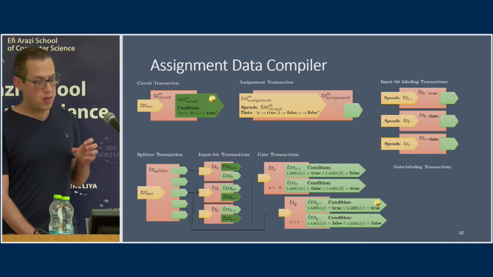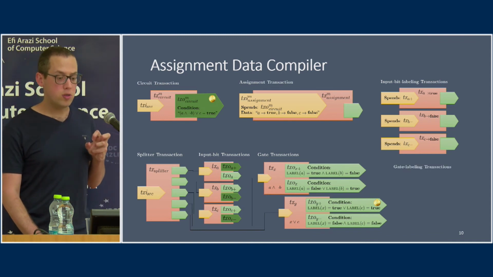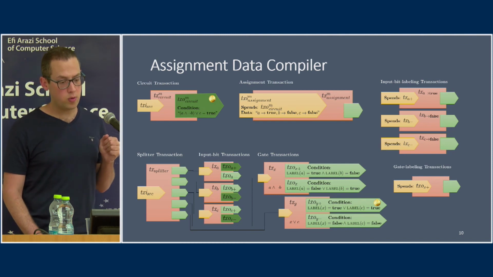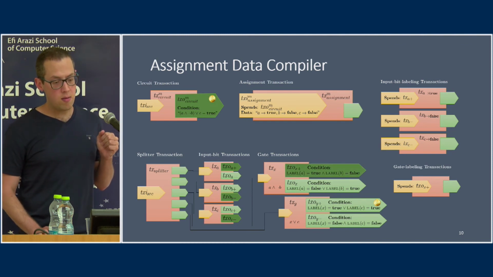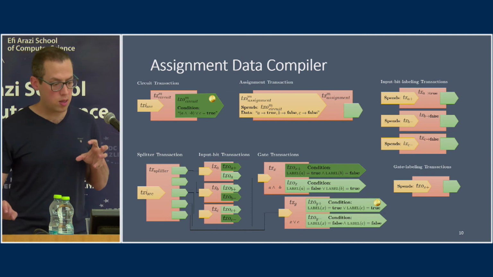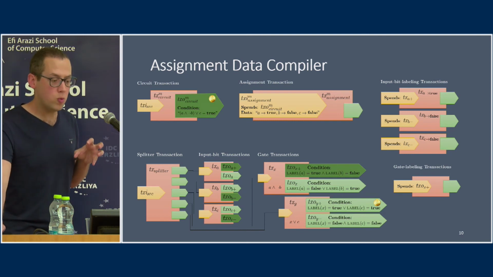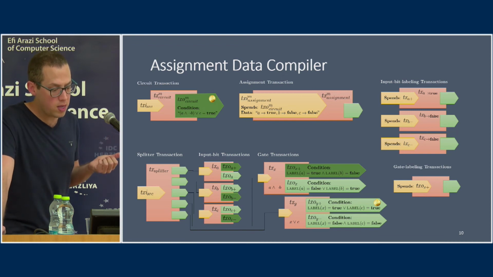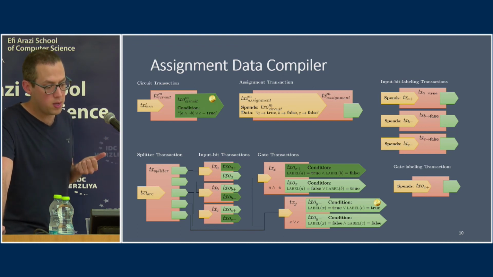So now we can create gate labeling transactions. The first labels X. The way it does this is by spending the positive output. And this is possible because at this point in time, when we attempt to spend the positive output, the label of A is already true, and the label of B is false.